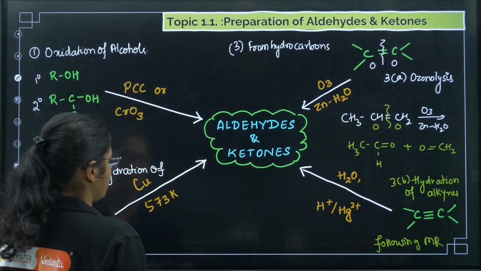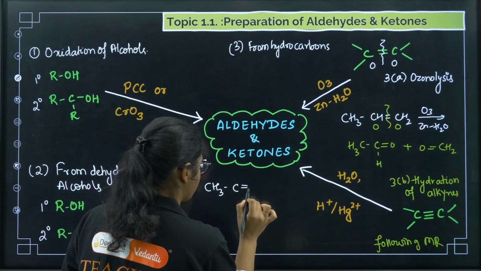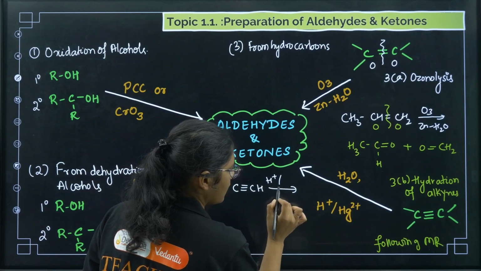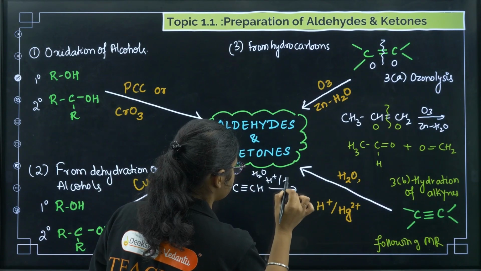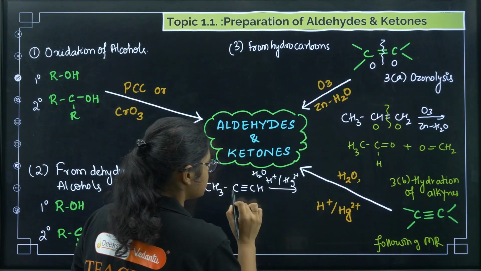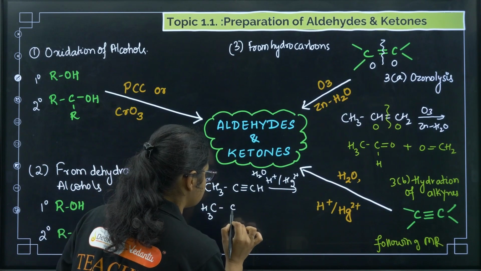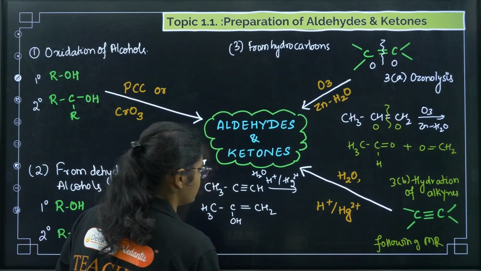So let us take here propyne, suppose. First of all we'll add water in presence of H plus and Hg2 plus. So OH and H will be added following Markovnikov's rule. So I'll get CH3 C OH double bond CH2, right?